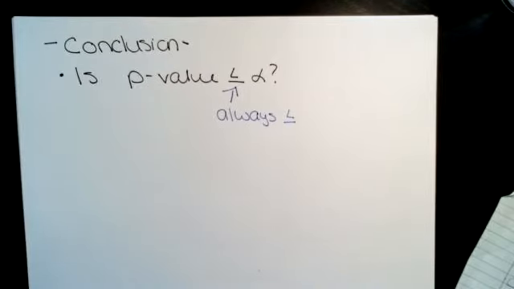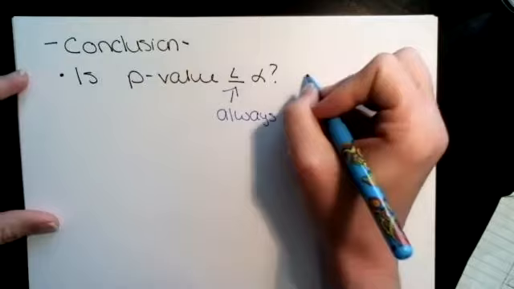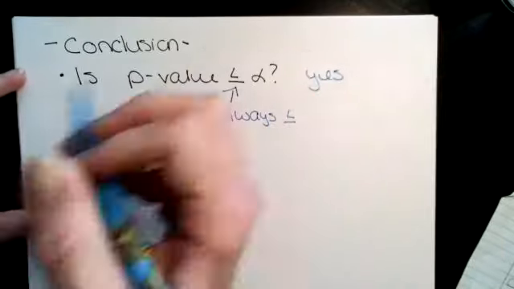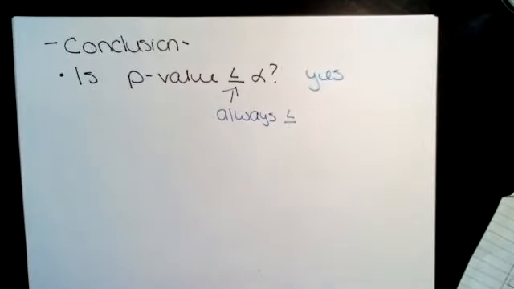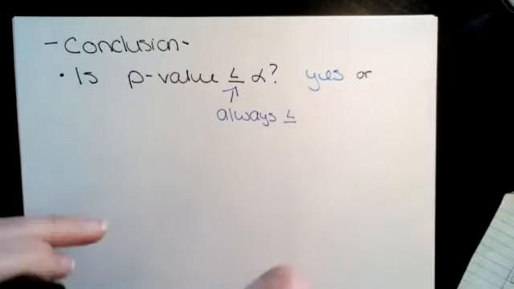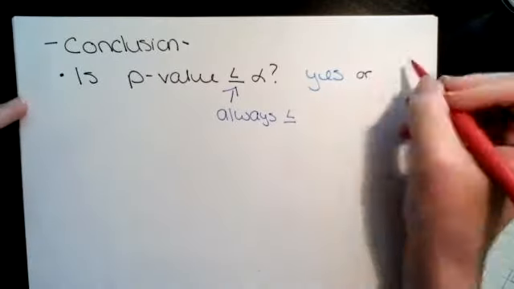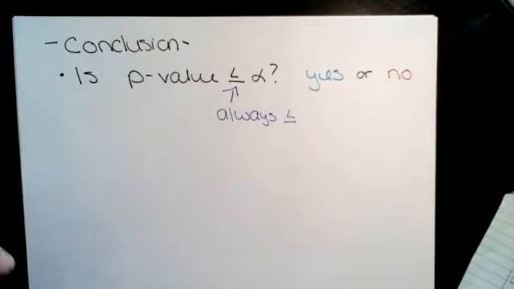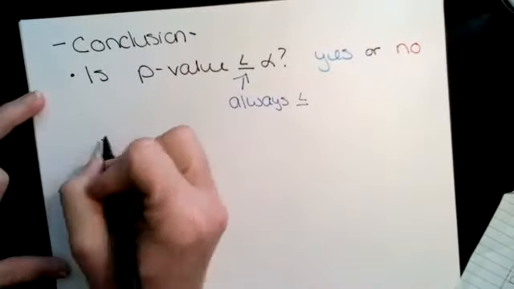And then I have 2 ways of answering this. I can answer it with a yes or a no. So I can say, yes, it is less, or I'm going to answer with a no, it is not less than or equal to.